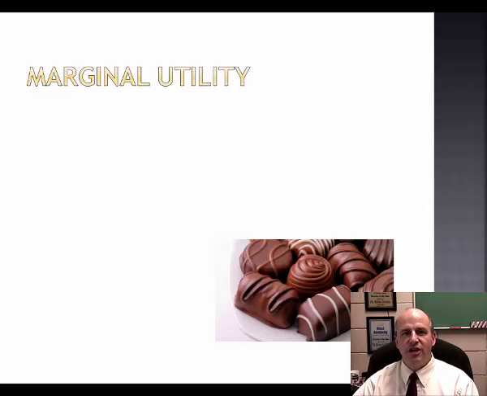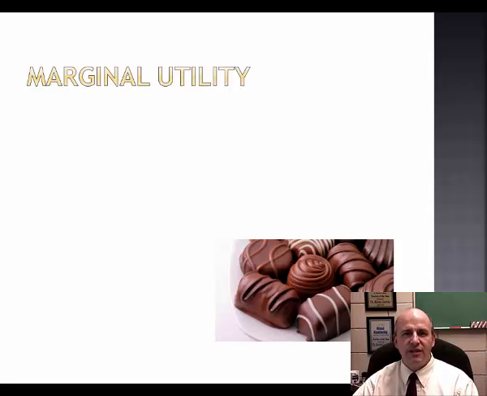Economists often use the word util as that measure, but that's a fictitious unit of satisfaction. The second piece is good, not as good as the first piece. Maybe it only gave us 48 units of satisfaction.